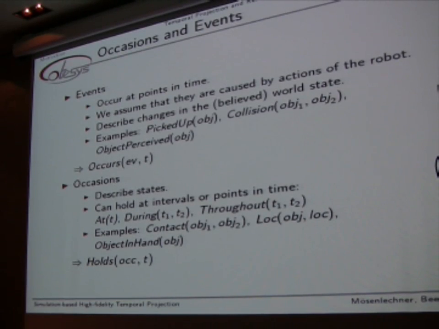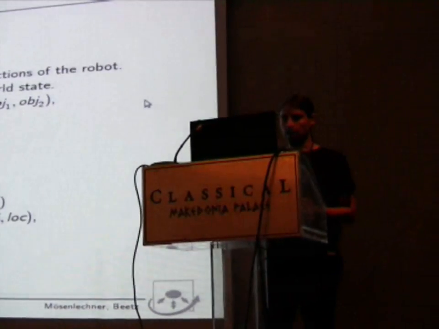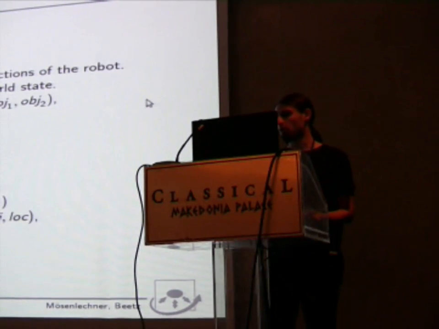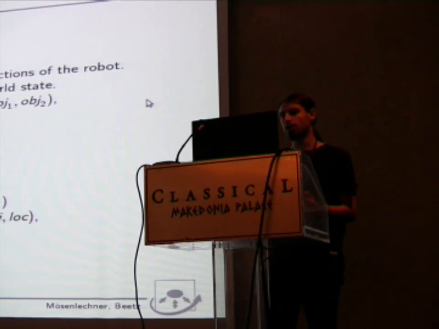On the other hand, we have occasions. Occasions are basically states that hold at points in time or at intervals in time. So actually, occasions can hold at a specific time point. They can hold at some point during some interval or throughout a complete interval of time.